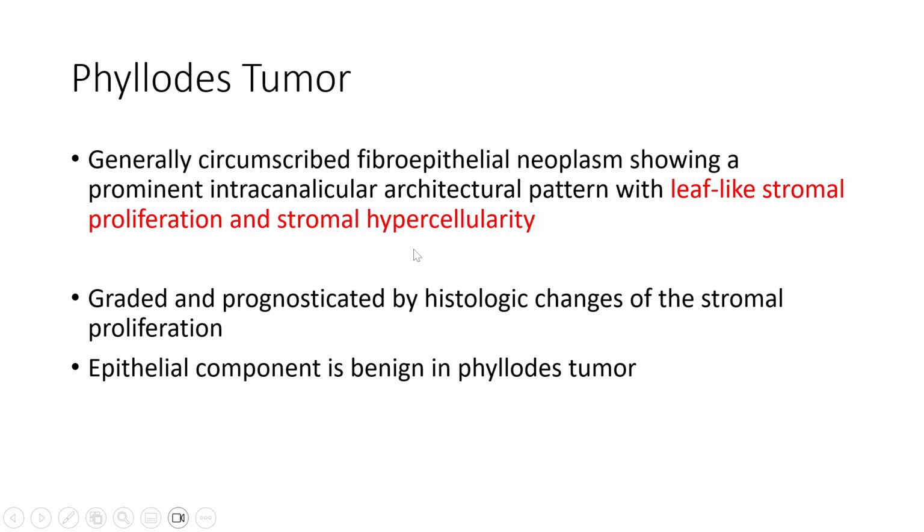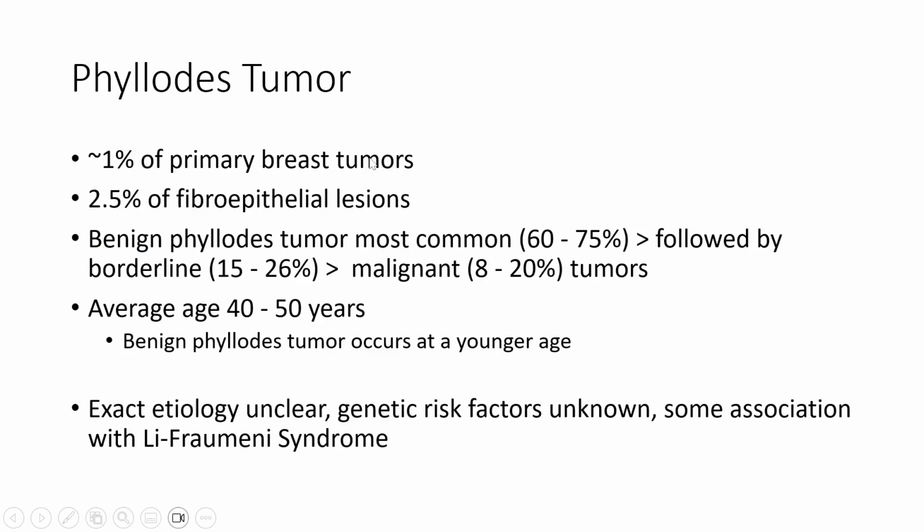So in phyllodes tumor, the tumor part is the stroma, and the epithelial component is totally benign. It is just 1% of primary breast tumors and 2.5% of fibroepithelial lesions. The benign phyllodes are the most common, followed by borderline and malignant.